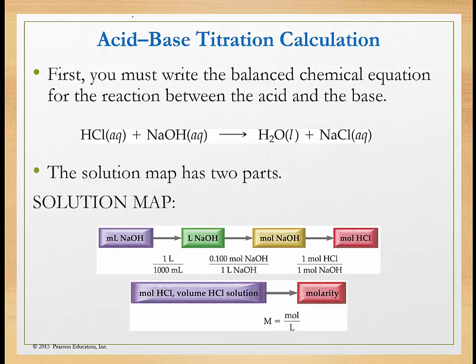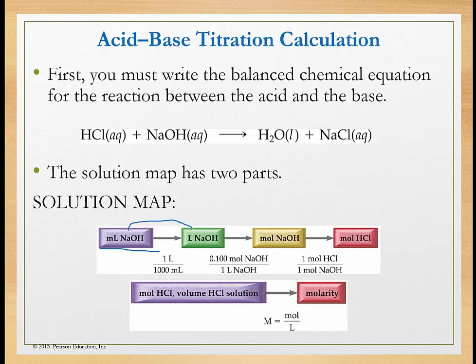So if we start out with what we know the most about, that is the sodium hydroxide. We know experimentally how much sodium hydroxide it took to complete the titration, so that's my starting point. How many milliliters of sodium hydroxide did I use? Now, I need to convert that to liters because I have molarity. I want to use molarity.